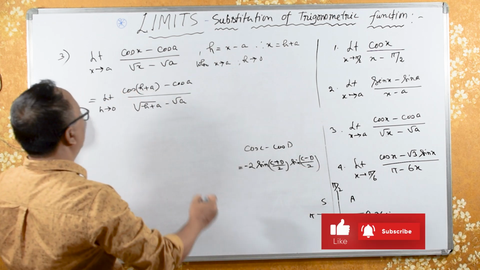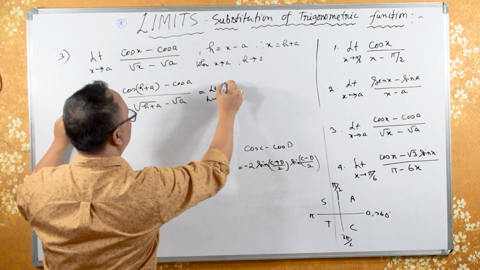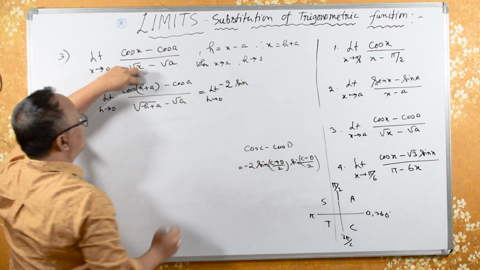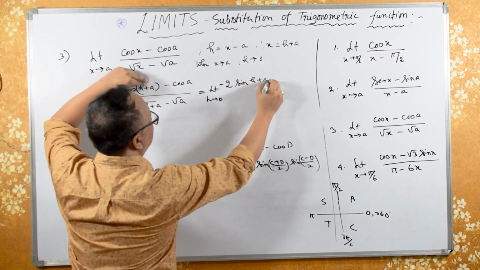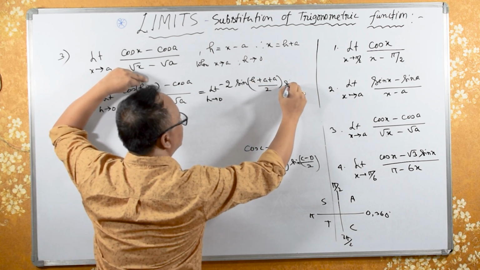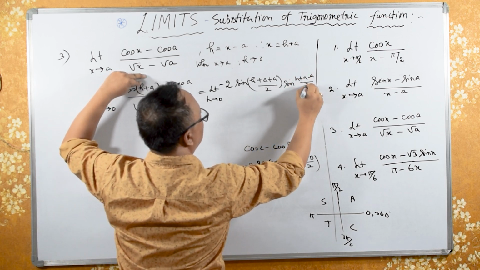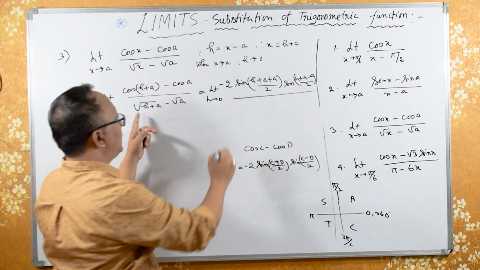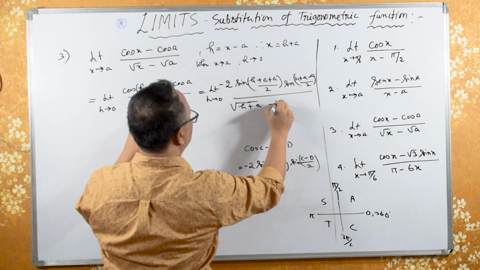Okay, now let's apply this. Limit of h tends to 0 of twice minus sine of (h plus a plus a) upon 2 into sine of (h plus a minus a) upon 2, upon root of h plus a minus root a.